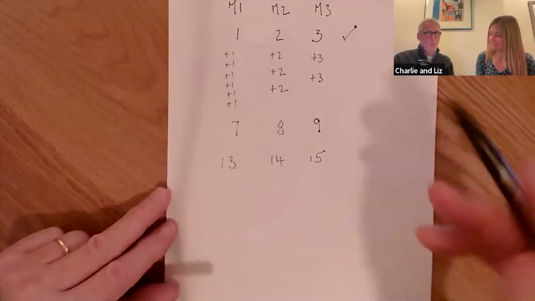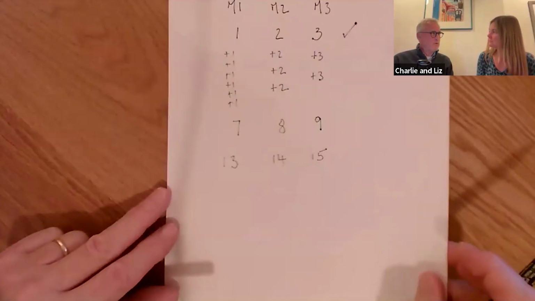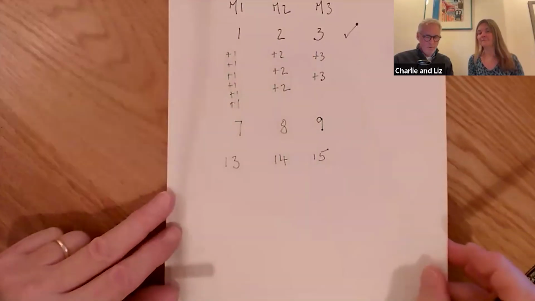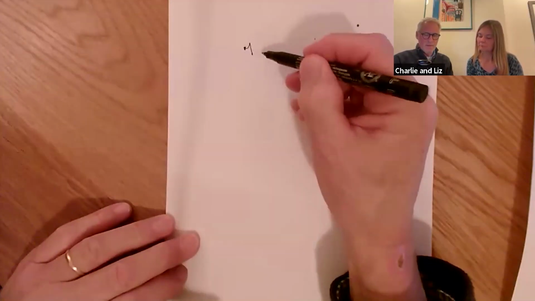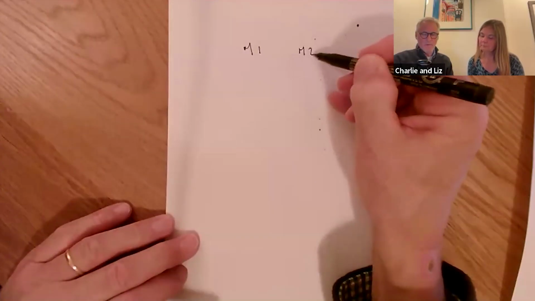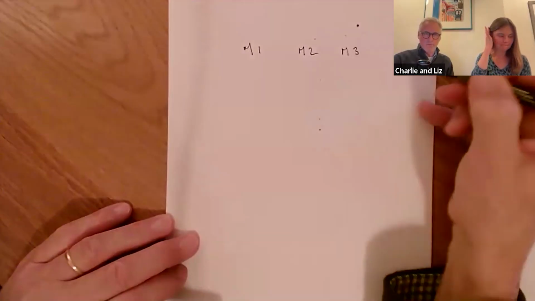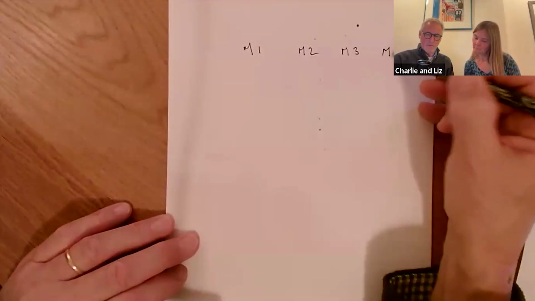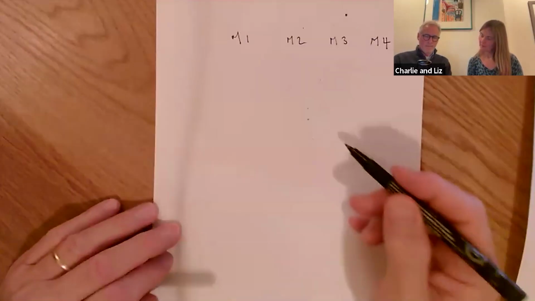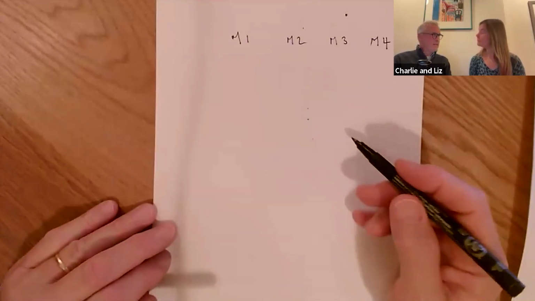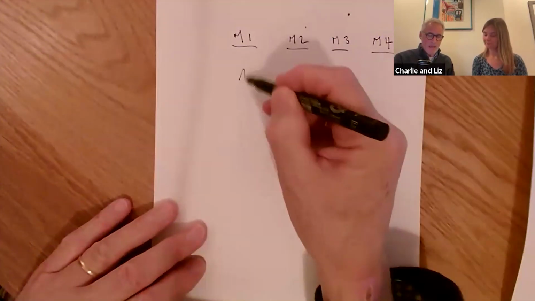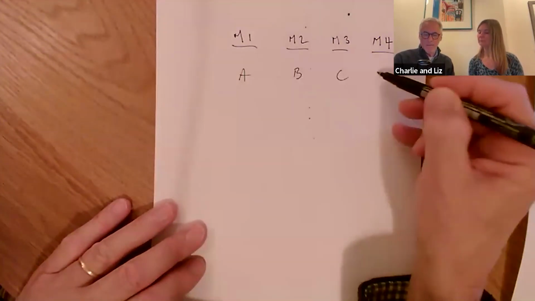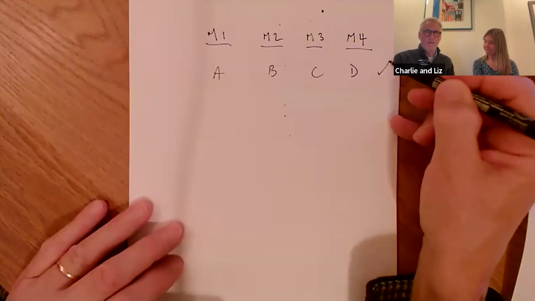So we also did multiples of 1, 2, 3, and 4. We did. And we could use similar reasoning for that, I think. So multiples of 1, multiples of 2, multiples of 3, multiples of 4. Yes. So let's imagine, doesn't really matter where we start, let's imagine A, B, C, D satisfy the criteria that we wanted.